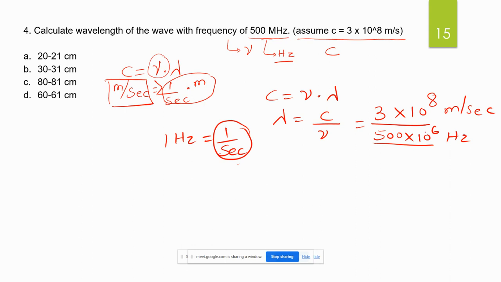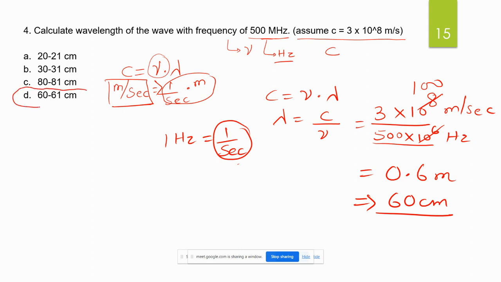So if we solve this, we will get 0.6 meter, that is equal to 60 centimeter. So our option is D. So you can take 2 minutes to understand it, and then we will start with next question.